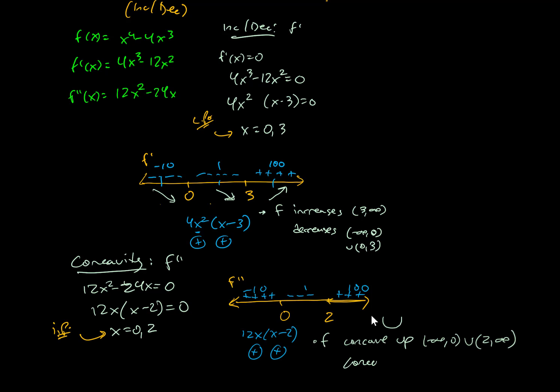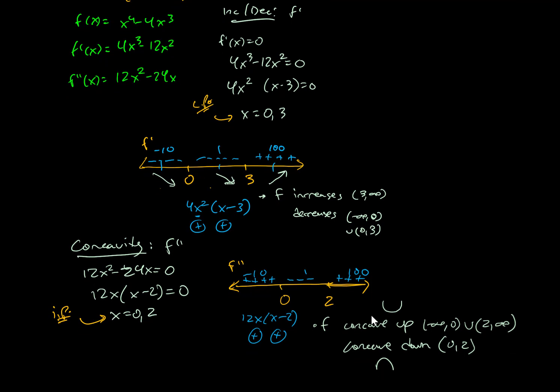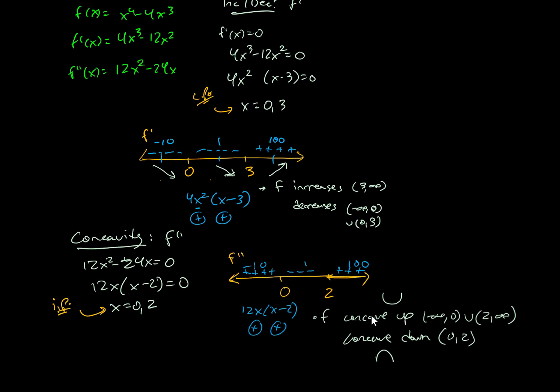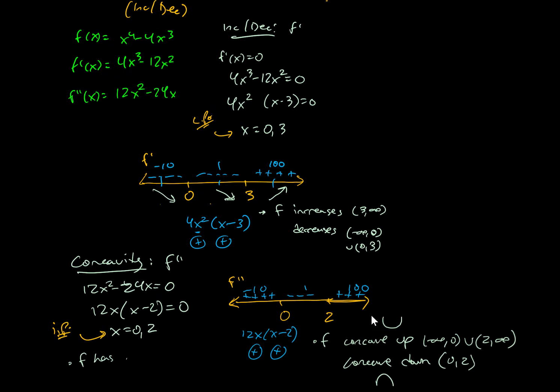We're concave down, and that again looks like a hill, going from 0 to 2. Okay, and we could say that I have inflection points at 0 and 2. F has inflection points at x equals 0 and 2. Alright, does this make sense?